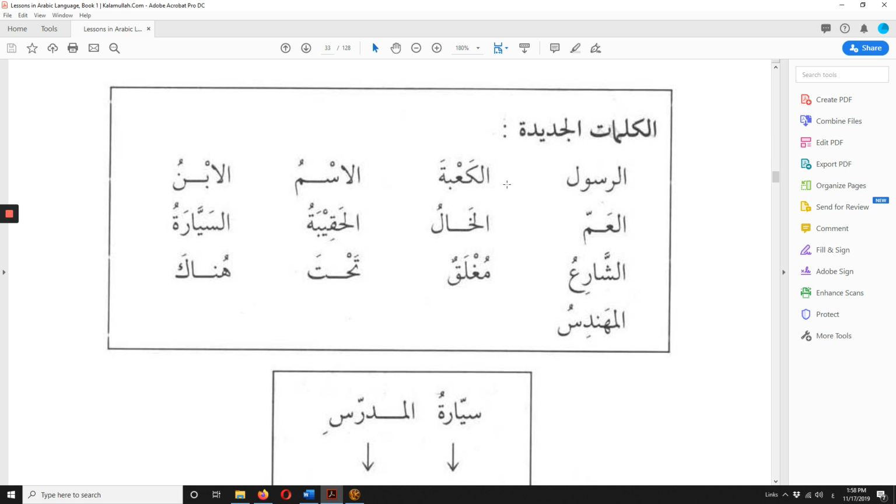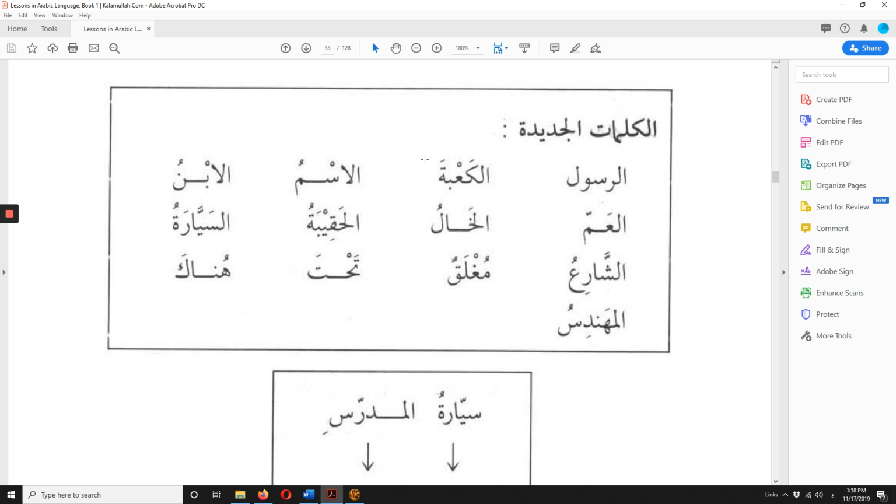Okay. And it's considered the house of God. Al-Ka'batu Baytullahi. I think that was one of the sentences we just went over. And with the Kaaba, the story goes that it was built by Abraham and his son Ishmael.